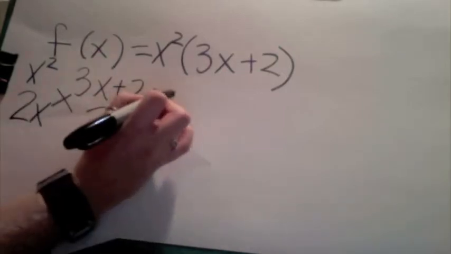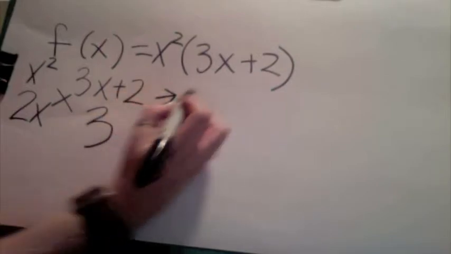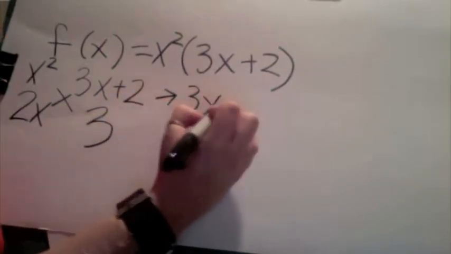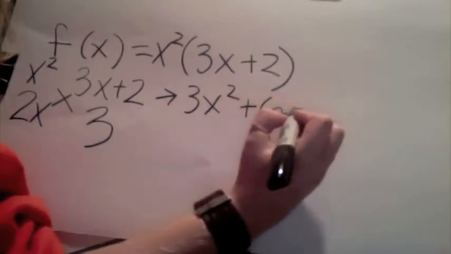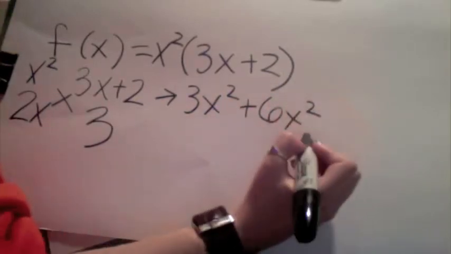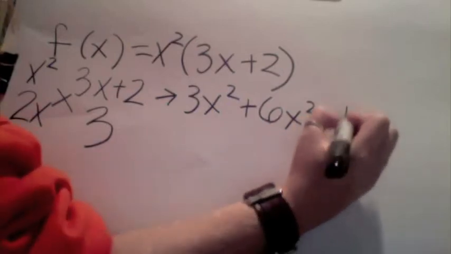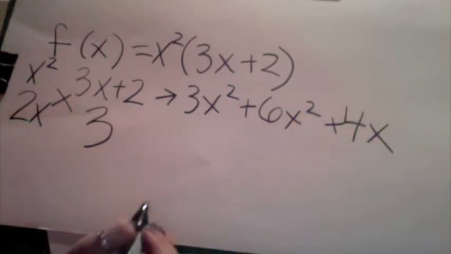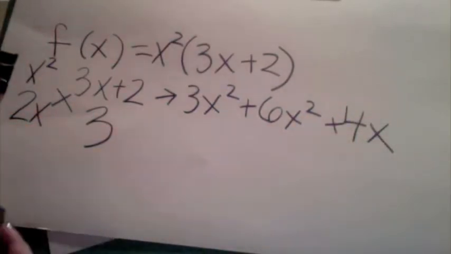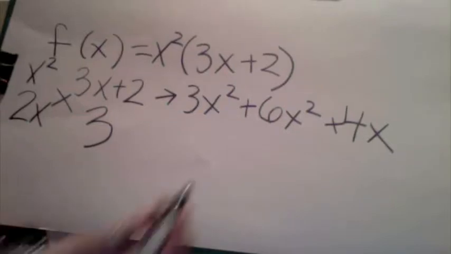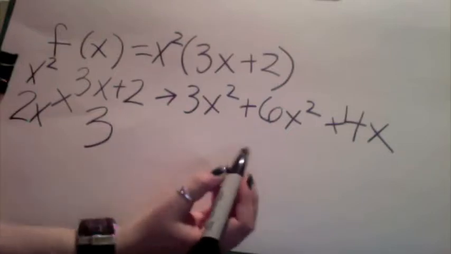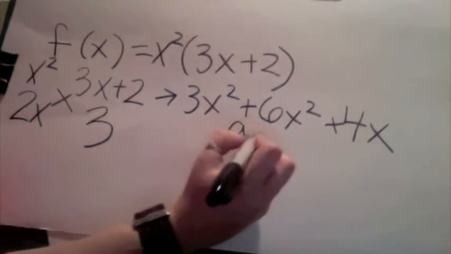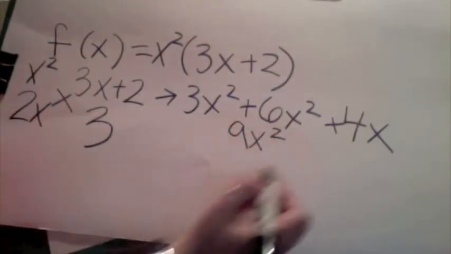In this case, you would get 3x squared plus 6x squared plus 4x. Then you add those together. Since 3x squared and 6x squared are like terms, they come together to be 9x squared.